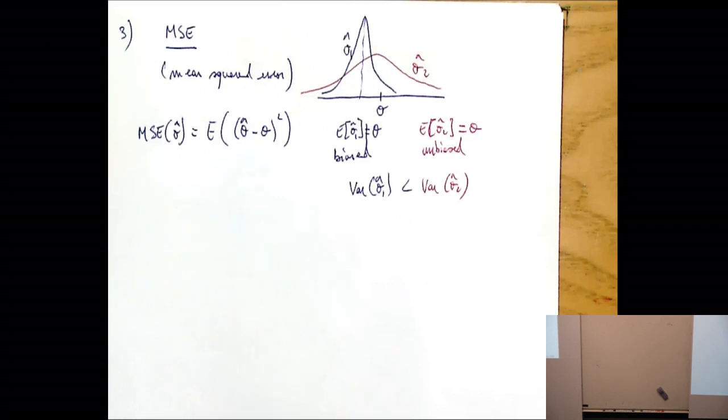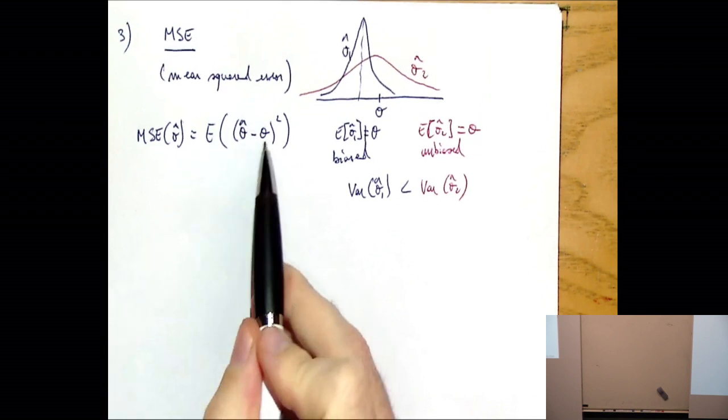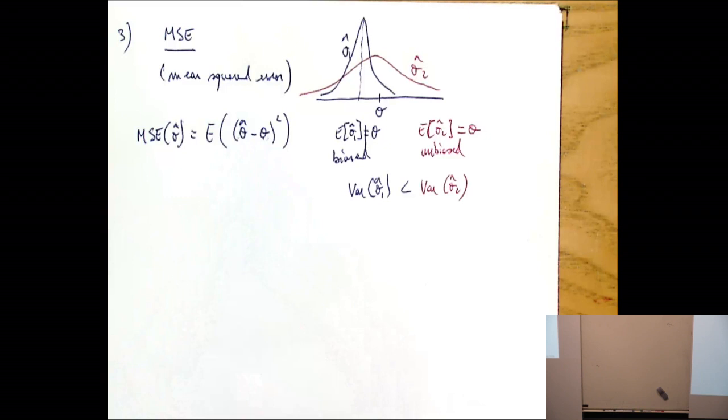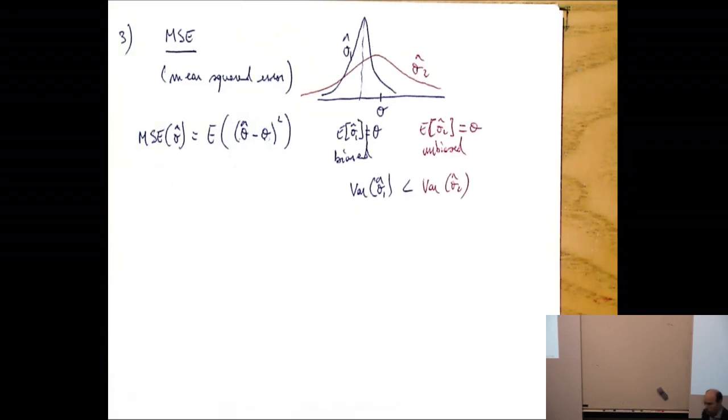So this is not a variance, right? It looks like a variance, but it's not a variance, because theta is not necessarily the expectation of theta hat. Yes? So is it quite possible that your estimators would be skewed, essentially? Could you have a skew on the one which has got smaller variance? What do you mean by skew? In terms of skewness.